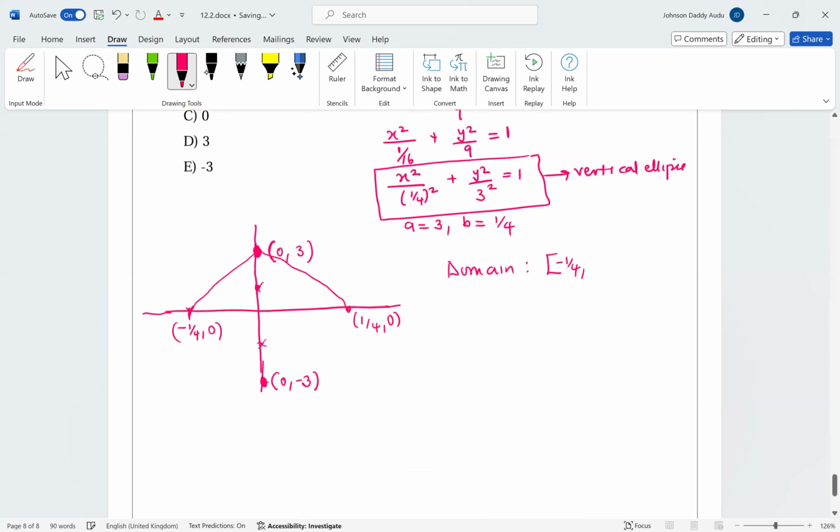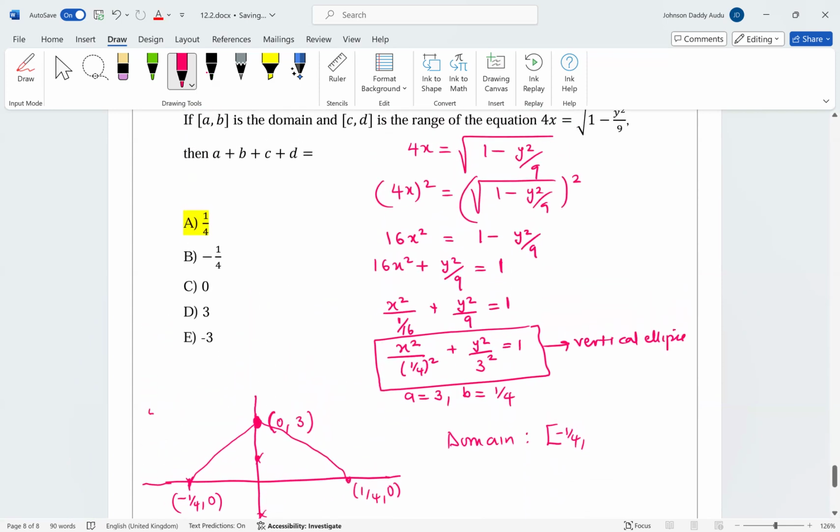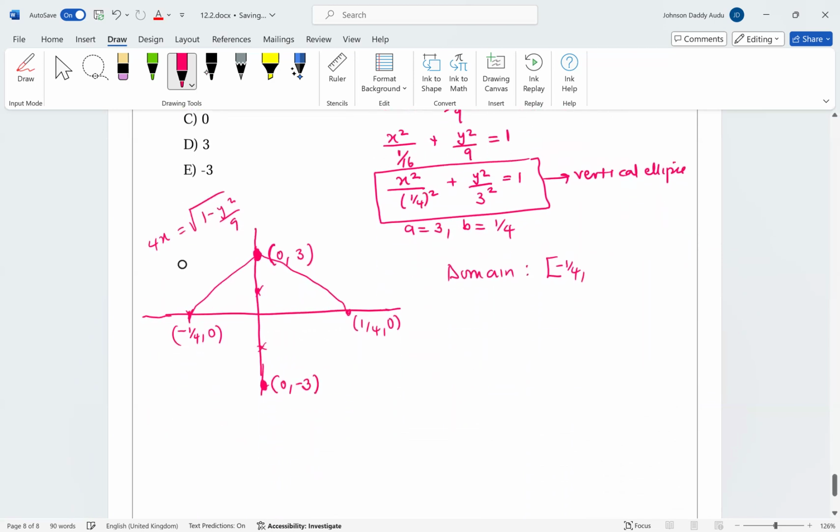So this equation, this is our ellipse: 4x is equal to the square root of 1 minus y squared over 9. Now, the domain still remains the same. That does not affect the domain, which is minus 1 over 4 to 1 over 4. But what will change is the range. The range now you can see is just 0 to where?